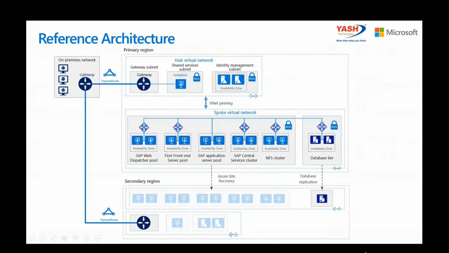Just to give you an example of what a reference architecture looks like. We have all these availability sets and zones defined for the SAP servers and workloads themselves, the apps and DB. What to call out here is we do have native capabilities built into Azure specifically for disaster recovery.